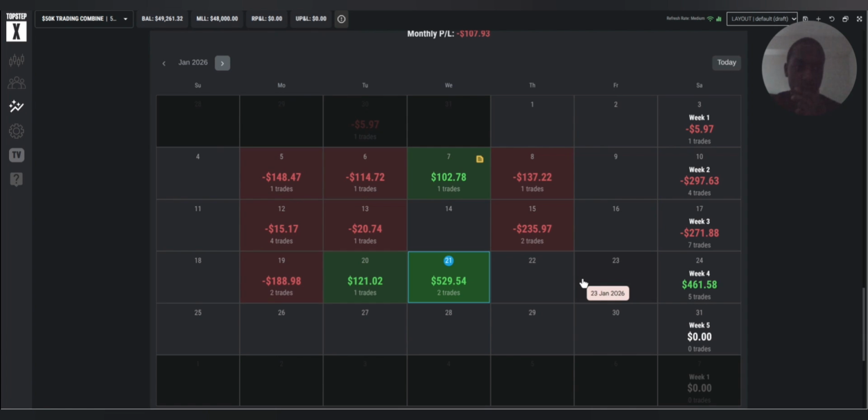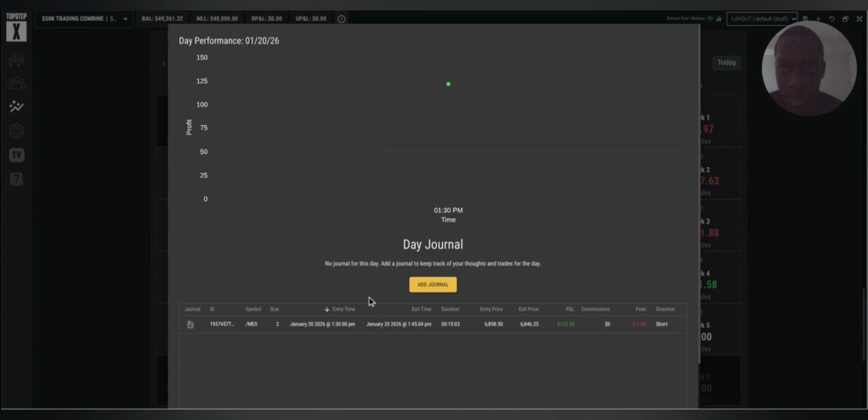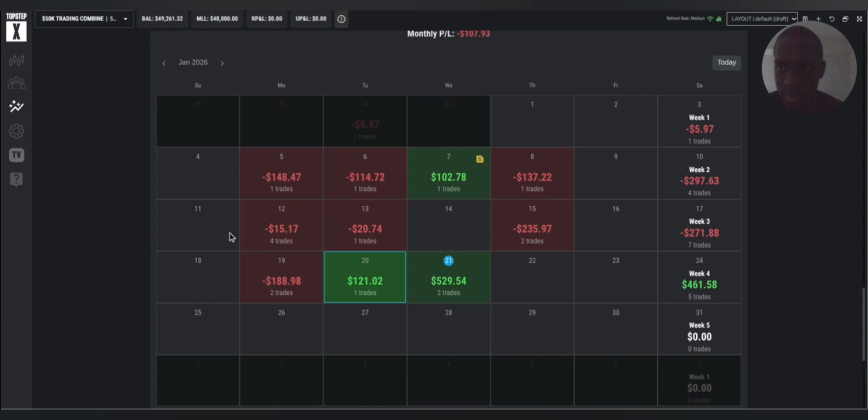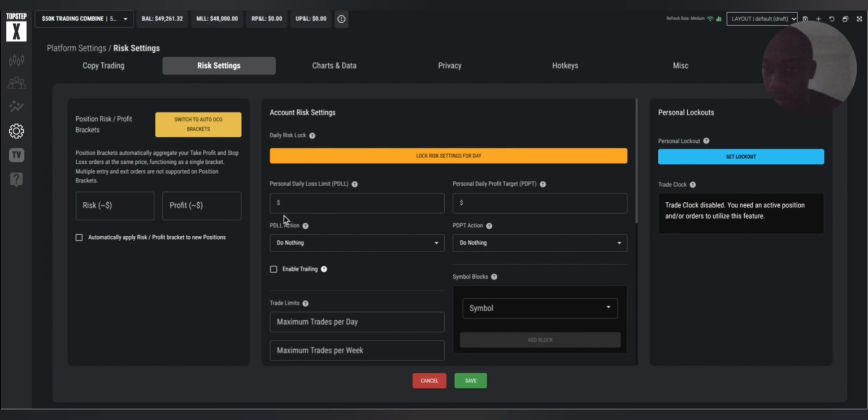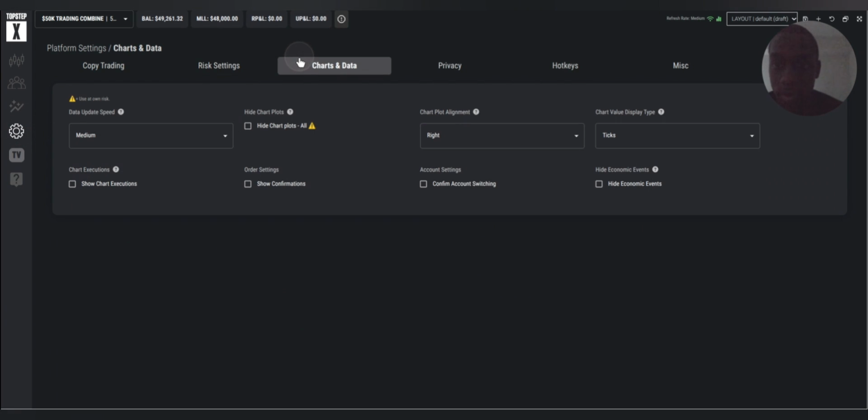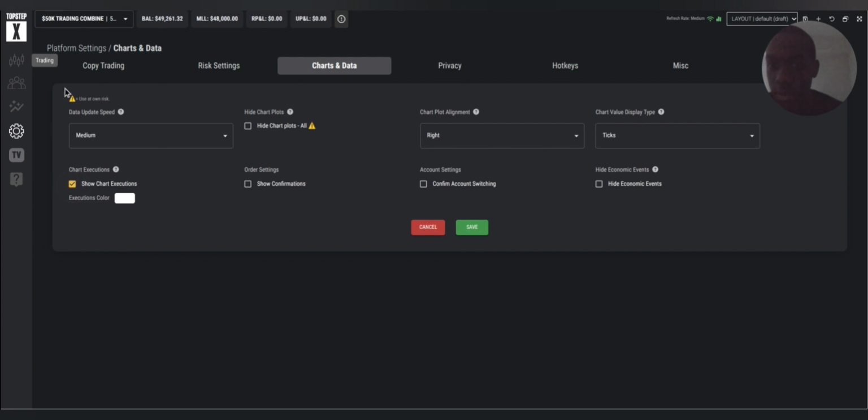What does that tell you? Wait, I don't remember having a green day yesterday. What? Let me go to settings, charts and data, show chart executions.